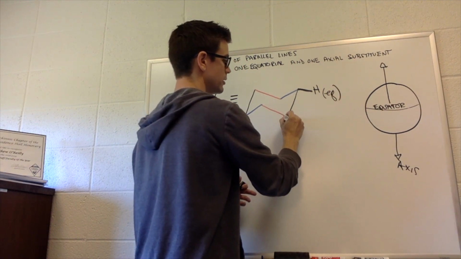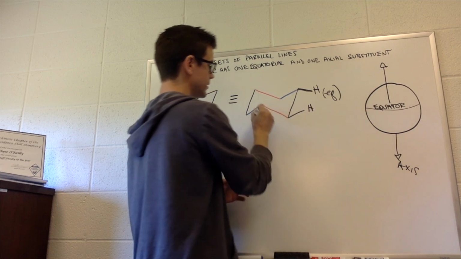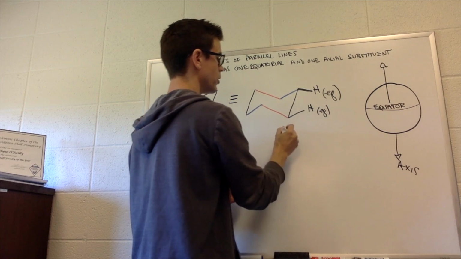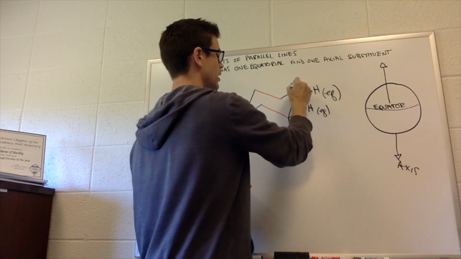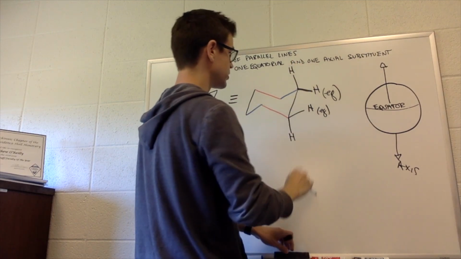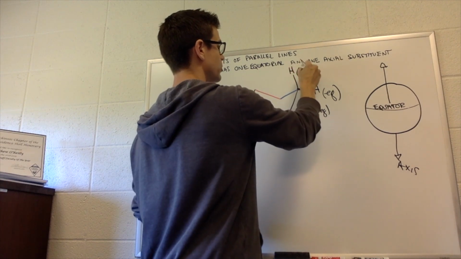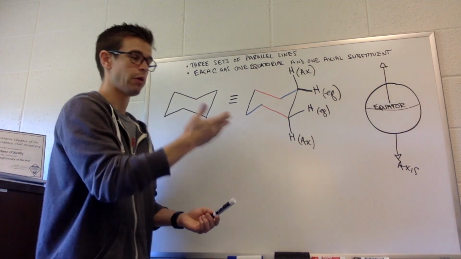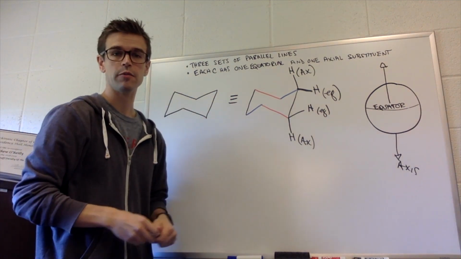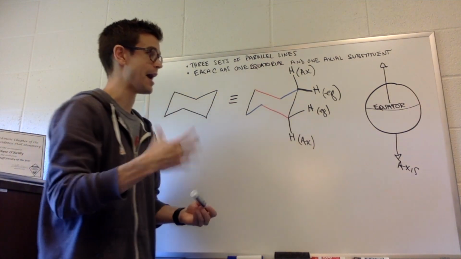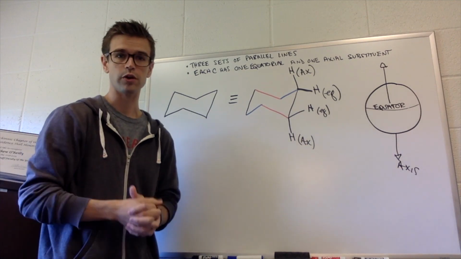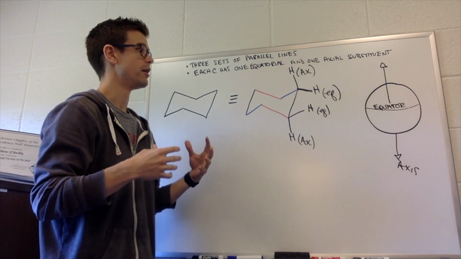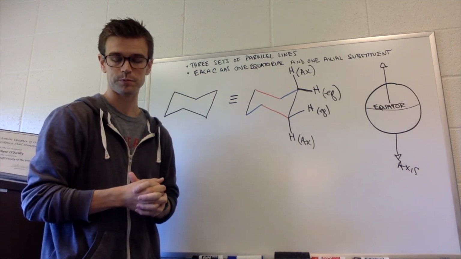This here is also an equatorial hydrogen. It's roughly parallel to this blue line. So this is the other equatorial proton. The other protons are just going north and south. They are the axial protons. They aren't necessarily parallel with anything else. They're just north and south. But each carbon has an axial proton and an equatorial proton. So that's what we see here. That's how we draw the cyclohexane structure.